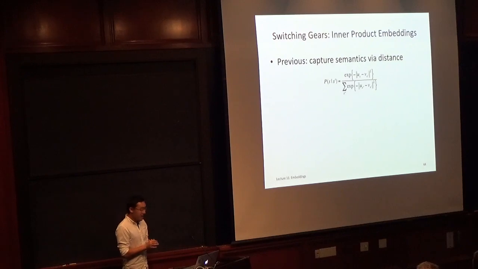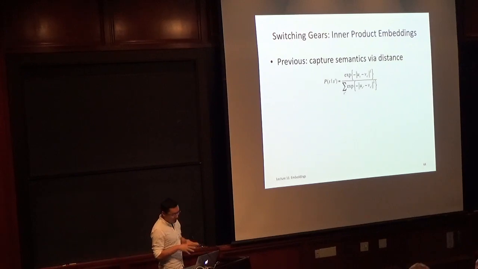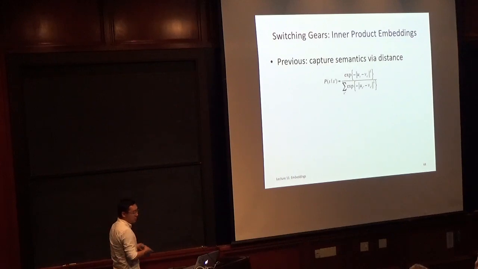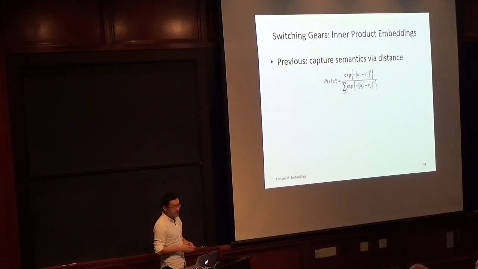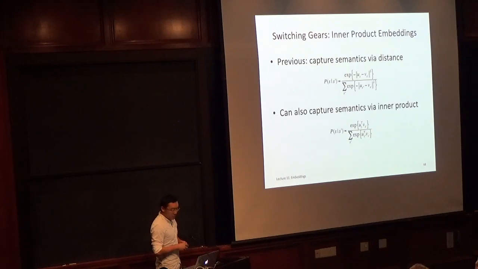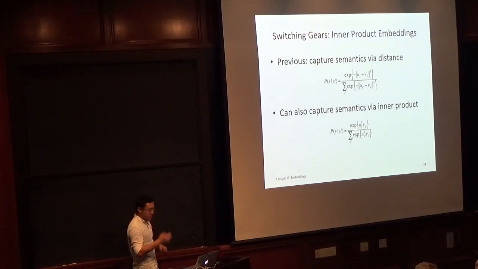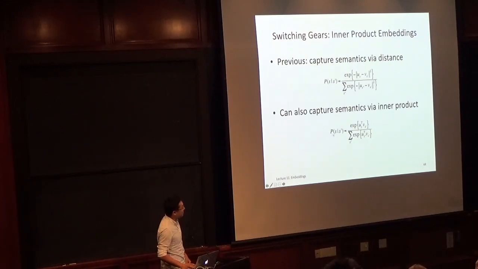Now I'm going to switch gears on the semantics. For the song playlists, we used distances to capture semantics. Now we're going to use inner products to capture semantics. I'm going to keep the notation the same for now, and S is a word.